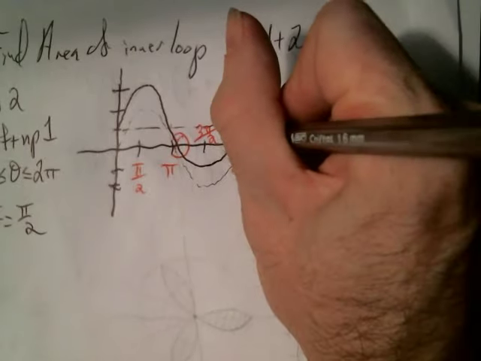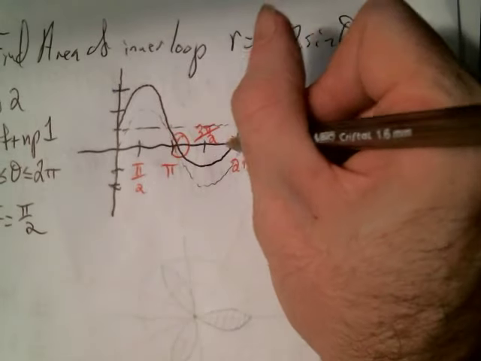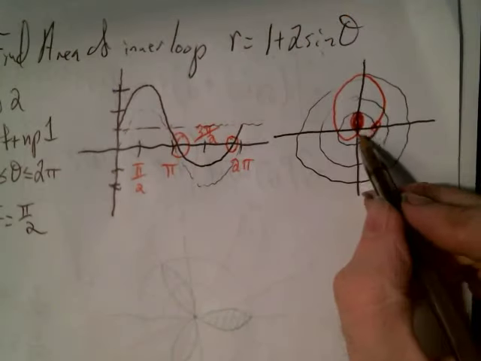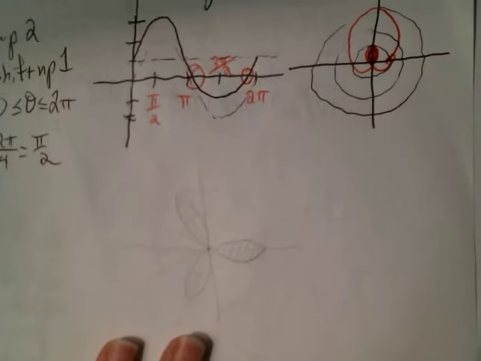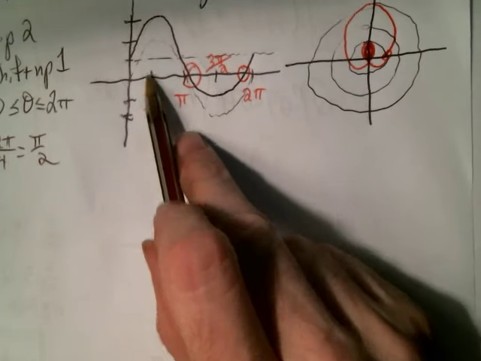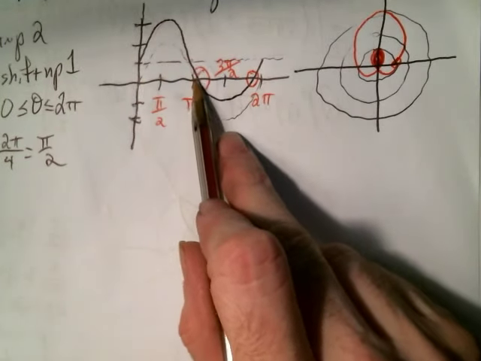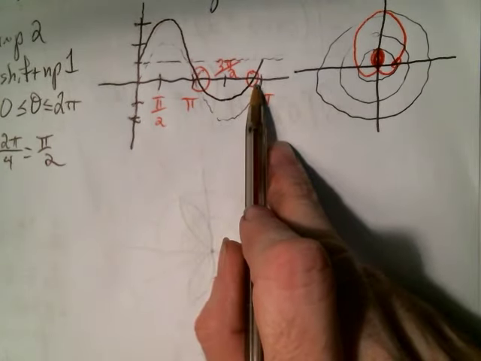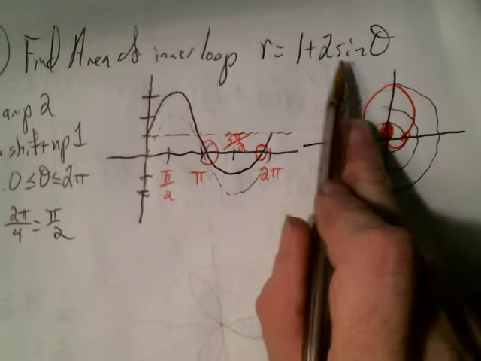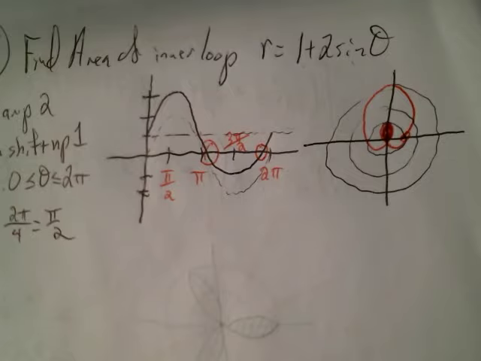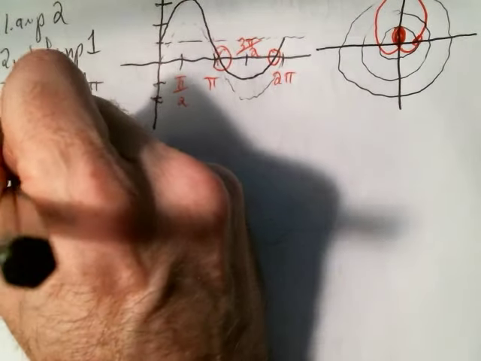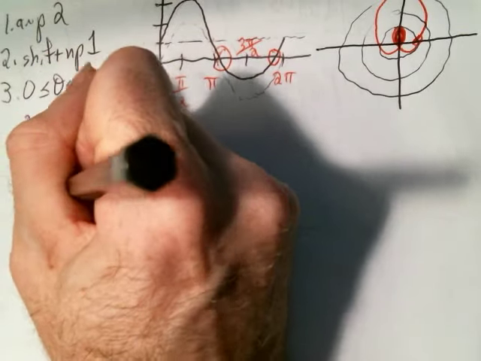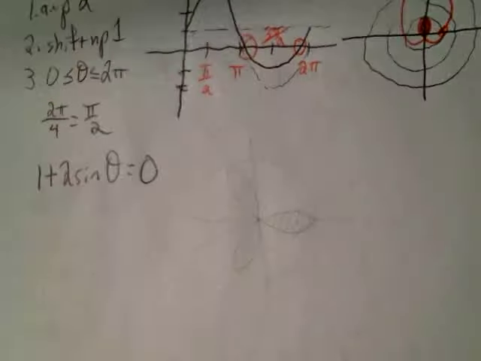So anyways, I'm going to be integrating basically from here to here. That'll give me this part of the curve. Okay? And we need to figure out what those are. So what are those? Well, those are the places where the r function is 0, right? So it's where this is equal to 0. And so on the interval from 0 to 2 pi, I need to solve this equation, 1 plus 2 sine theta equals 0.